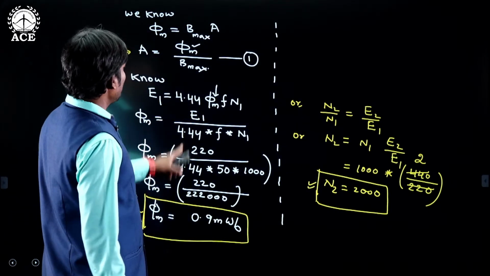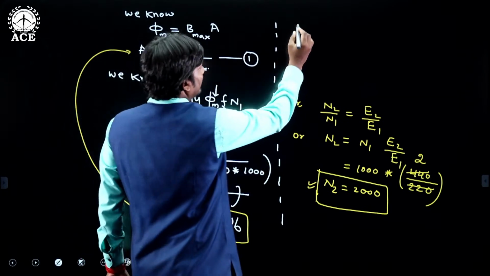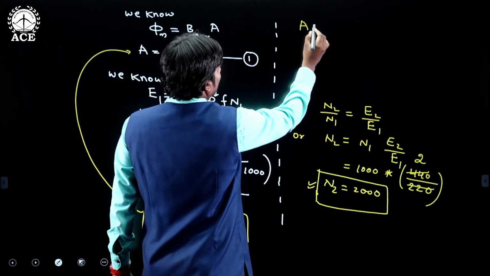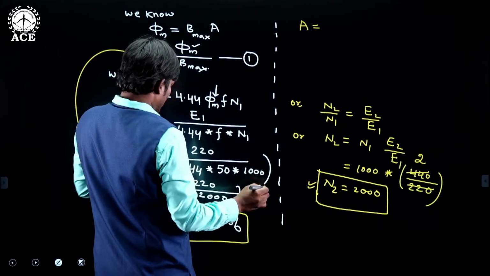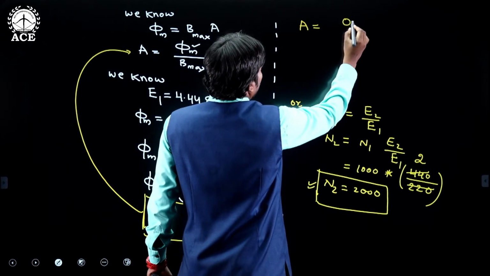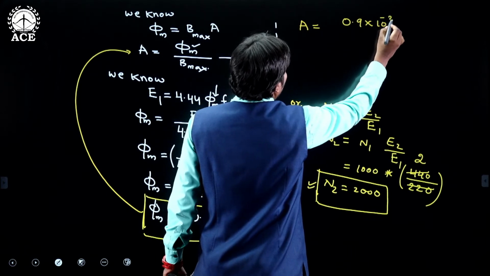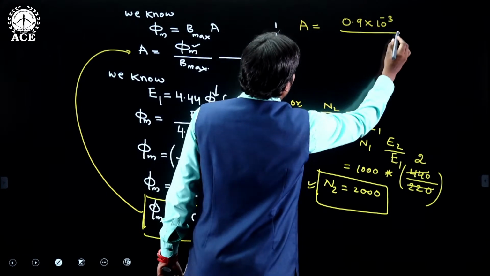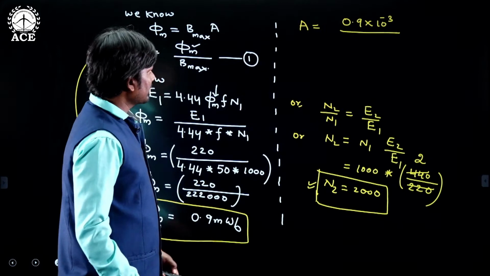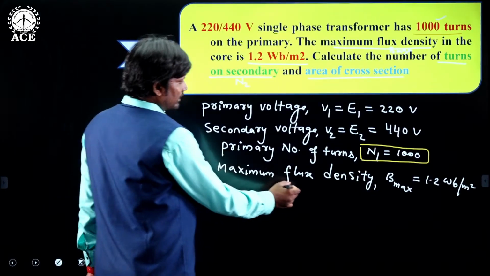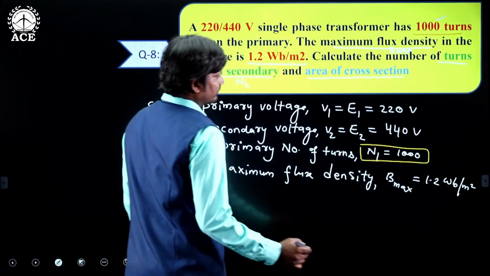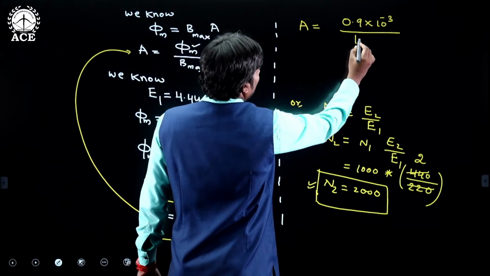Substitute the value of phi m in equation number 1. We will get area A is equal to phi m, which is 0.9 into 10 to the power minus 3, by the flux density, which is 1.2.